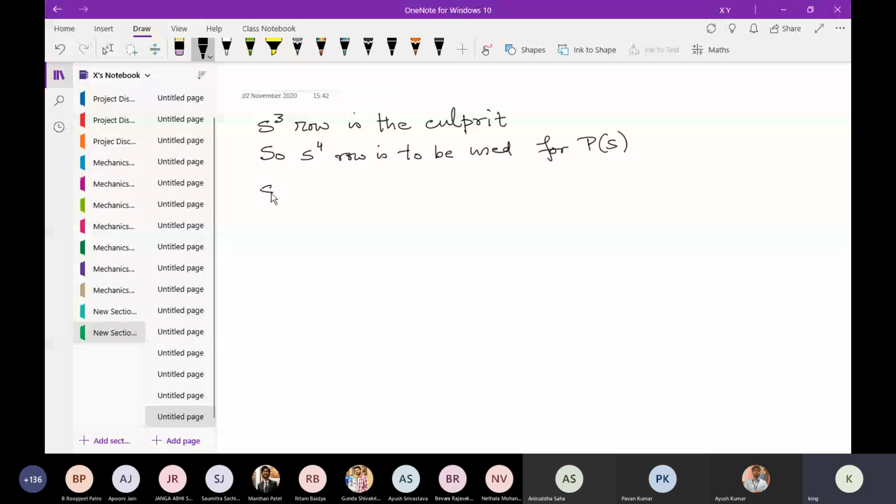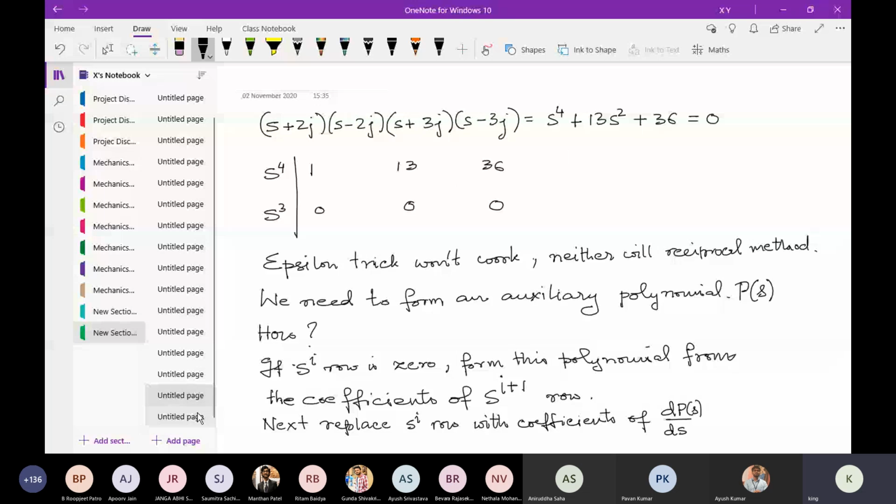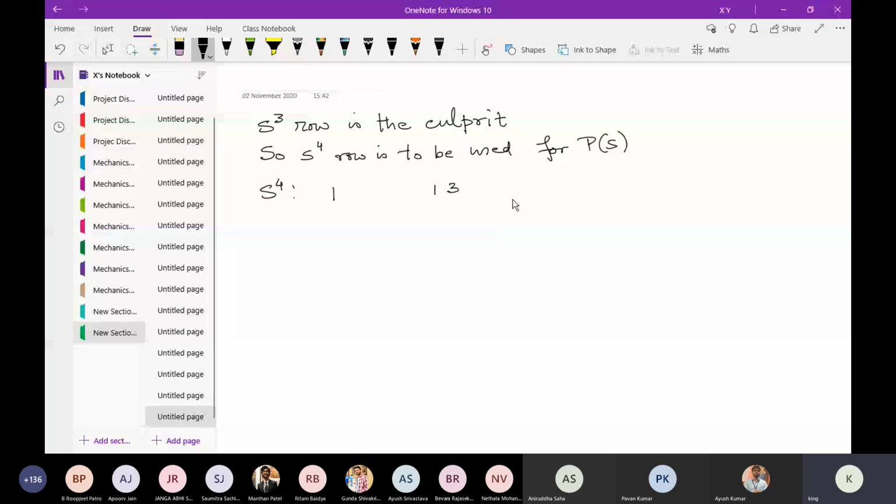So anyway, because we have encountered the 0 here right in the next row, this will be the original polynomial.